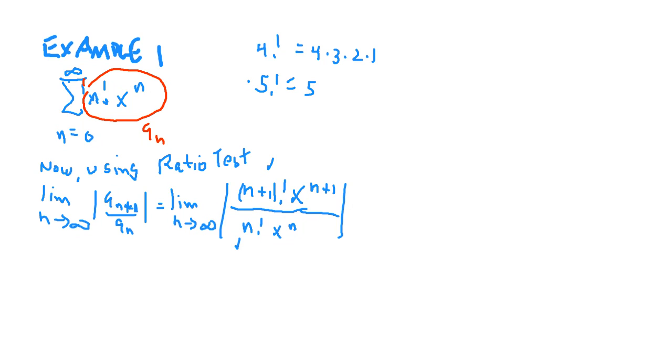Well, 5 factorial is 5 times 4 times 3 times 2 times 1. But we can think of that as 5 times 4 factorial. See that? So that's very handy, that understanding, because we can utilize that over here for our ratio test.